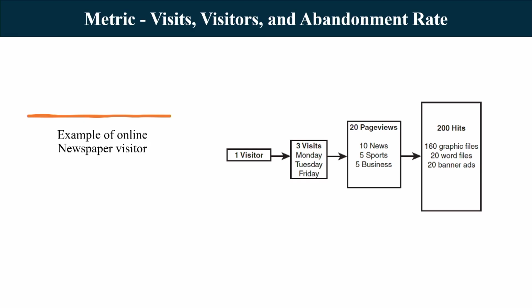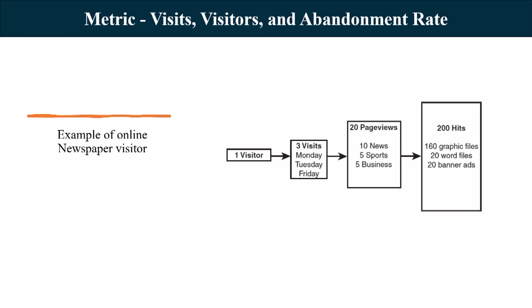We can internalize the concept with an instance. There can be only one visitor, one person, and that person has visited a news portal 3 times, say on Monday, Tuesday and Friday. In 3 instances I have visited the same website.